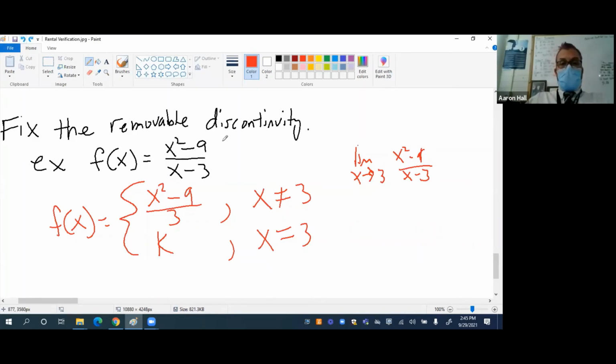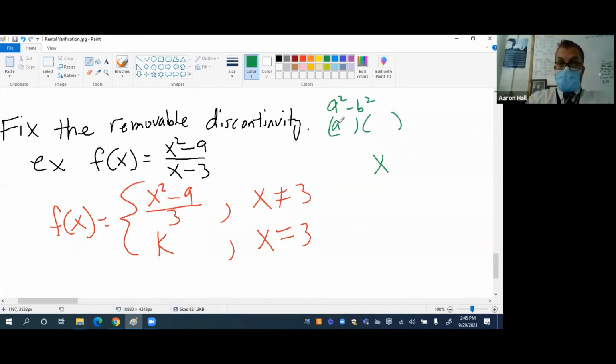How did we find the limit of this? Yeah, let's factor. When I factor this, what do I get? All right, so you see this as a difference of squares. And because it's a difference of squares, what's our rule? When I have a squared minus b squared, then this becomes factored to be what?